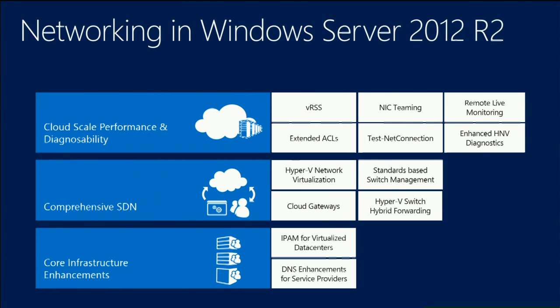With Test-NetConnection and remote packet capture, you have a unified diagnostic tool to see whether problems are occurring in one place, and if that fails, the ability to remotely capture packets and events so that you can correlate and diagnose the problem as quickly as possible.